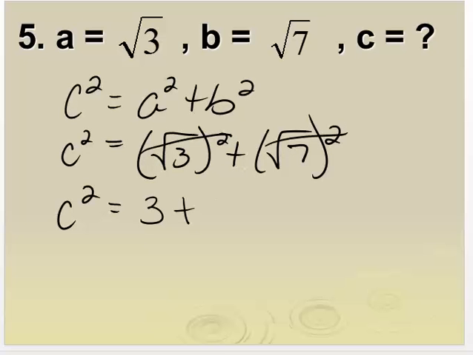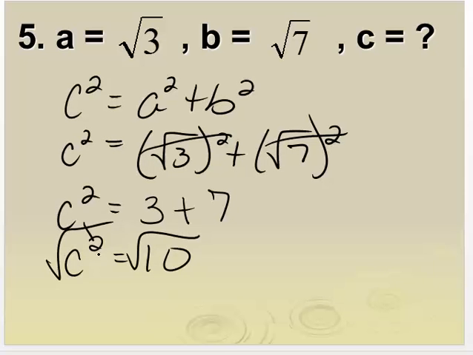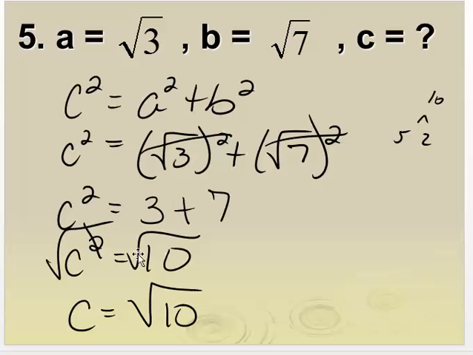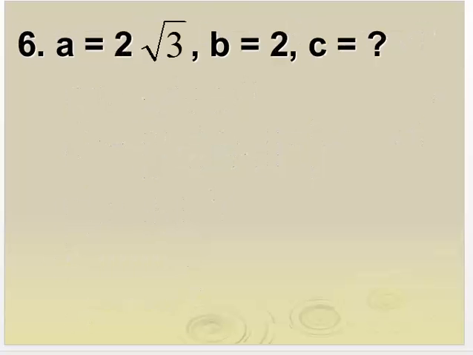Rad 7 squared is 7. So c squared equals 10. To undo the squared, we're going to do the square root of both sides. And if I try to do a factor tree with 10, I get 2 lonely prime numbers. So this one stays, square root of 10. Don't forget to leave your radical over your answer for this problem where it gets stuck and there are no pairs. Let's try another one.